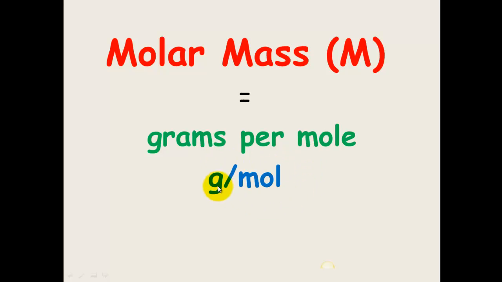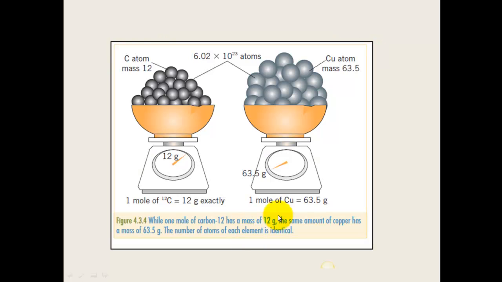This can be written as grams per mole or as grams to the mole -1, which is exactly the same as grams per mole. You'll see this written a lot of the time, and you'll probably start writing it that way as well. So if we say 1 mole of carbon, it has a mass of 12 grams exactly.